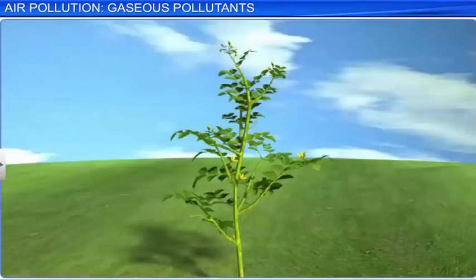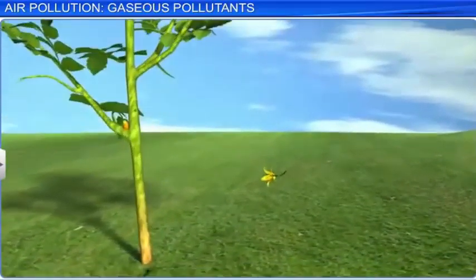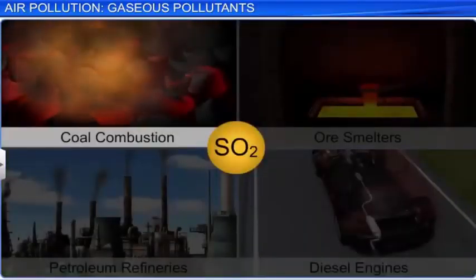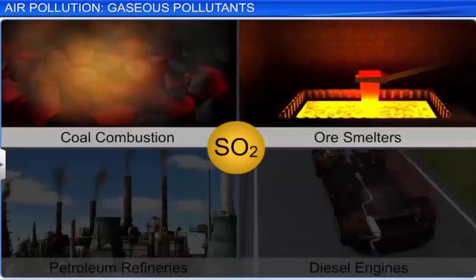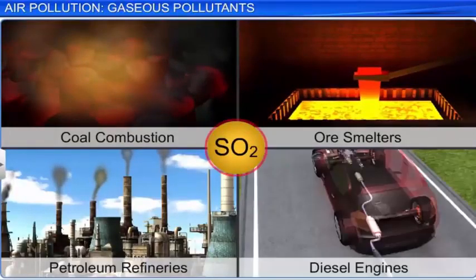In plants, a high concentration of sulfur dioxide makes the flower bud stiff and makes them fall off, hampering its reproductive cycle.